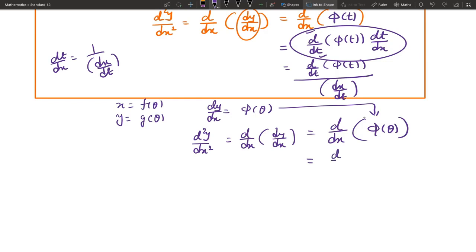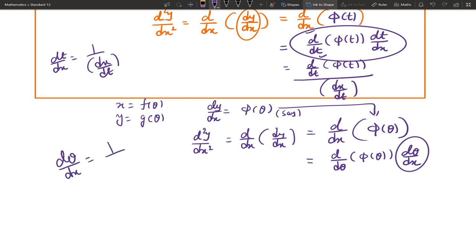Use this formula: first differentiate with respect to theta, say this is phi of theta, then d theta by dx, and replace d theta by dx by 1 upon dx by d theta.